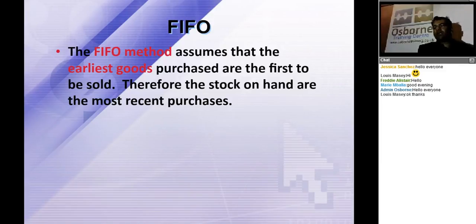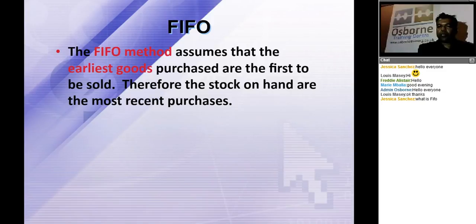Let's go into more detail with all these techniques. The FIFO method, first of all, looks at the earliest goods that are purchased, which are also sold first. The way it works is whenever stocks come in, they should be the first to go out.